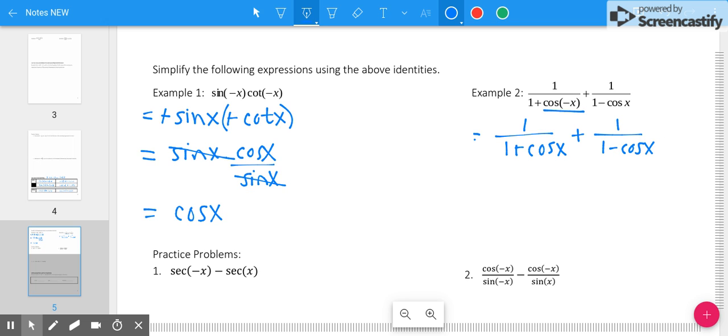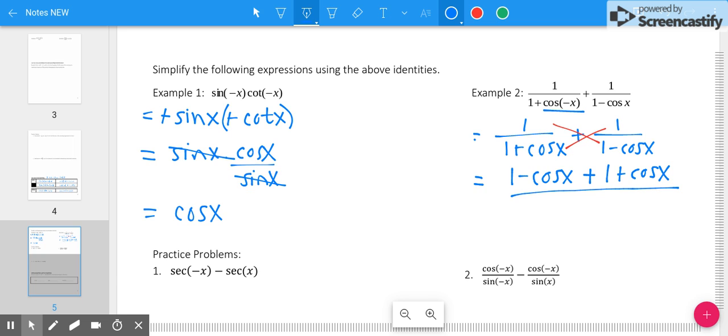So now to simplify this, I've got 2 fractions, not quite a common denominator, so I'm just going to simply multiply the numerator across to each fraction, cross multiply, to create that common denominator. So in the first fraction, it would be 1 minus cosine x, in the middle plus, and then 1 plus cosine x. And then all over the multiplication of those 2 binomials.